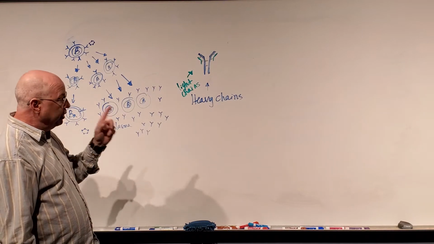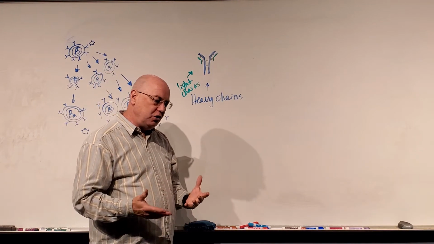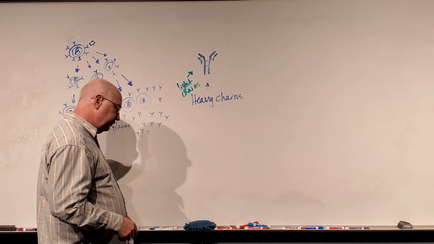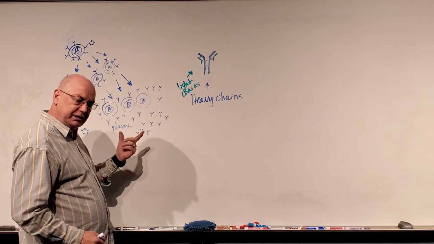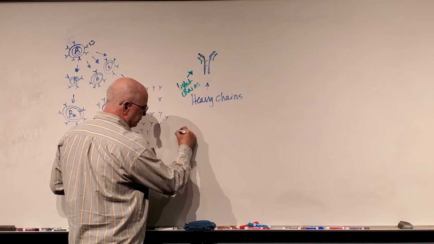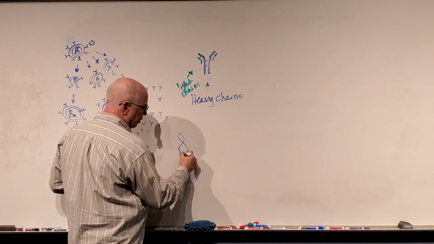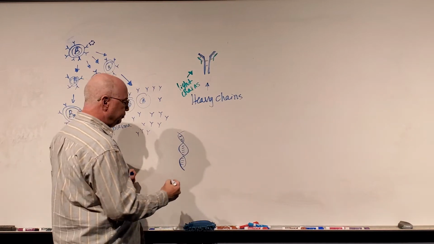Now, both the heavy and the light chain proteins, as you guys should know from early in the semester and other biology classes, when I look inside the nucleus of a cell and I see a chromosome, a long piece of DNA, all the bases on this chromosome are the instructions on how to code for a protein.